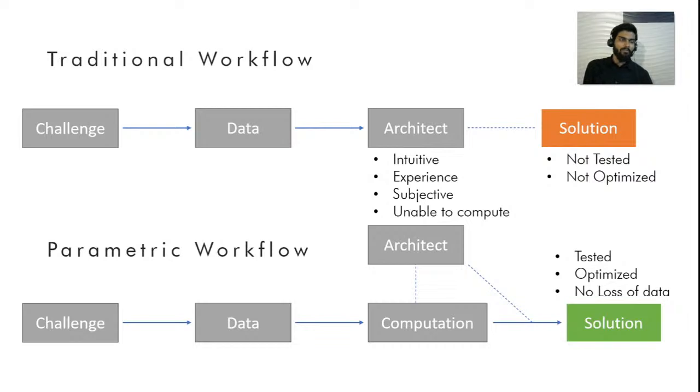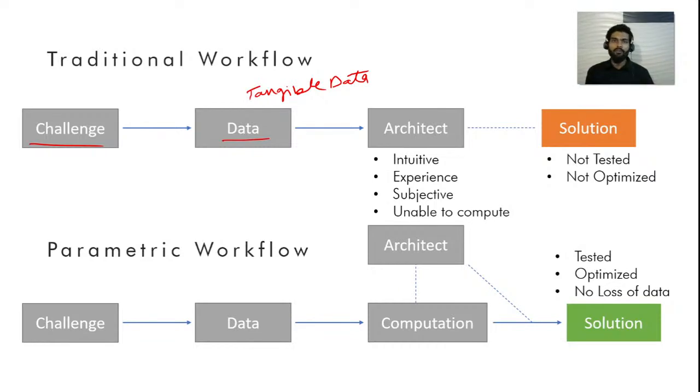Yep. So this is what a traditional workflow looks like. Let's have a look at the traditional workflow and parametric workflow. How does that differ? So we get a design challenge. We collect all the data that we talked about. So I'll just write tangible data, like wind, sun, seismic activity, groundwater availability, soil bearing capacity, and all of that stuff.